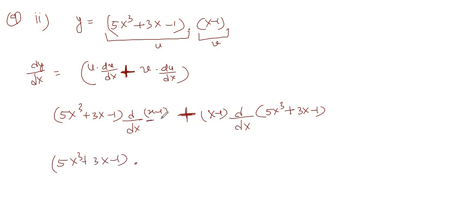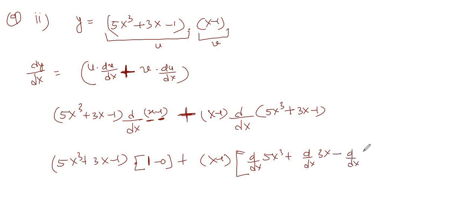Now we have to differentiate these two. So the derivative of x is 1, always remember, and for this 0, plus (x - 1). So here we have to do d/dx of 5x^3, d/dx of 3x, and d/dx of 1, correct?